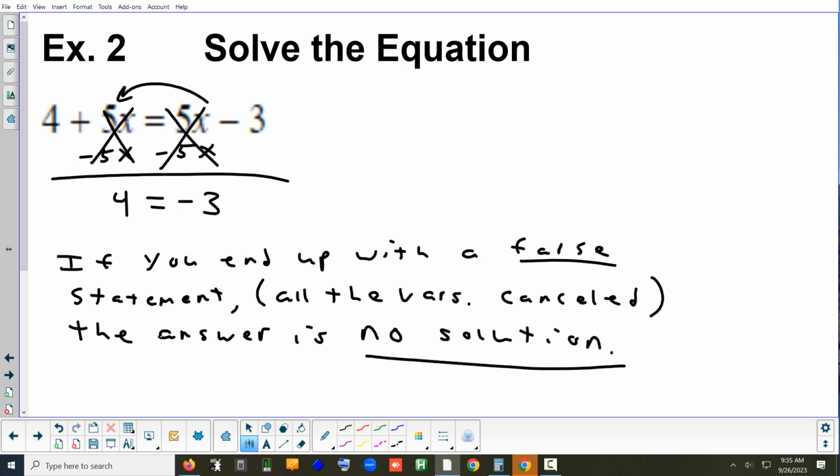So no matter what number you try to plug in for x, you'll never make the left side equal the right side. It's impossible. You could pick a positive number, you could pick a decimal, a negative, a fraction. I don't care what you plug in, it's never going to work. Okay, so that's a no solution. Any question on that one?